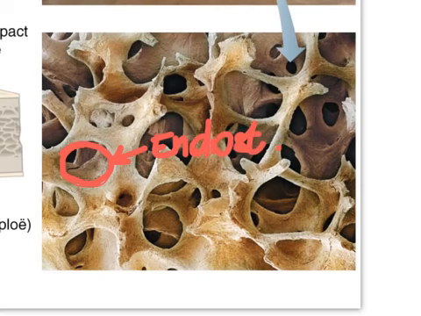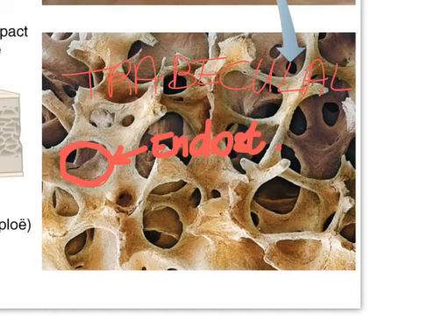Now, what makes the openings is the trabeculae. And the trabeculae are all of these struts. So all of these beams or struts, whatever you want to call them, the hard part of the spongy bone tissue, we call trabeculae. And I'll spell that for you. Trabeculae. Can you guys read that?